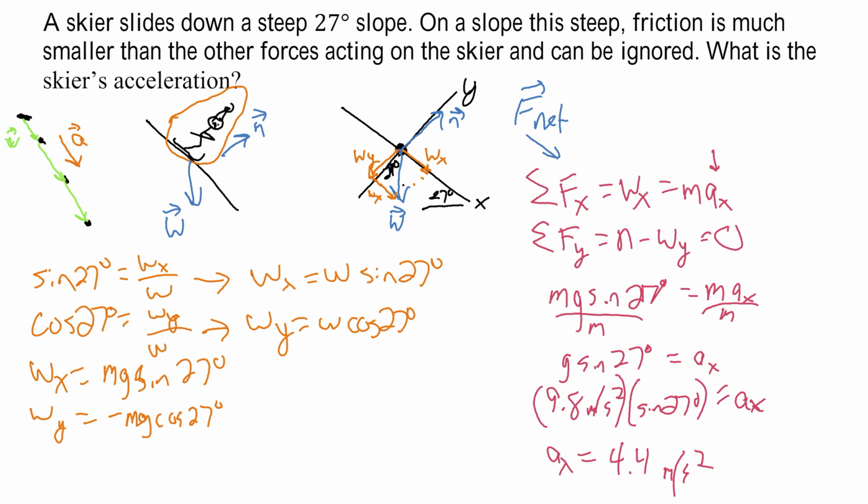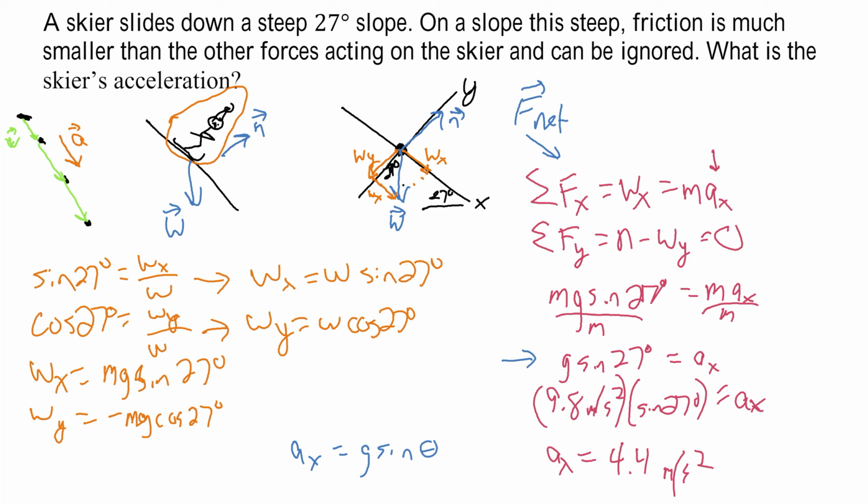So actually, we can extend this problem a little bit and say, what if we don't know what the angle is? If we go back here, we had g sine 27 degrees back here. What if we say we don't know what the angle is? So it's g sine theta. The acceleration down the hill, ignoring all friction, would be g sine theta. And that's kind of an interesting result. It doesn't make any difference what the mass is.